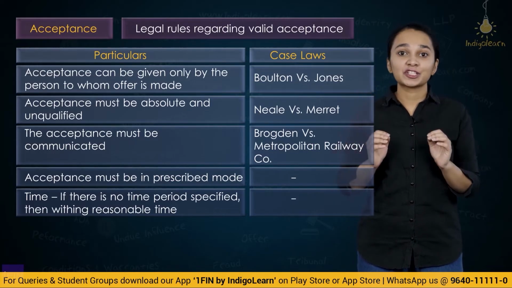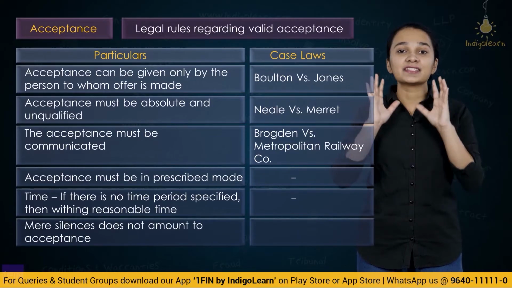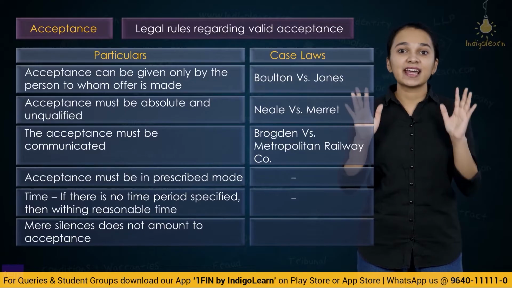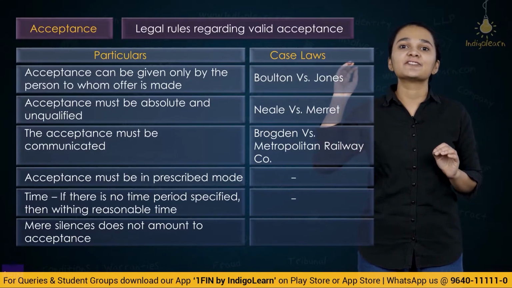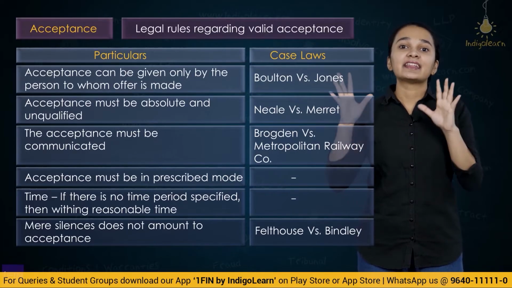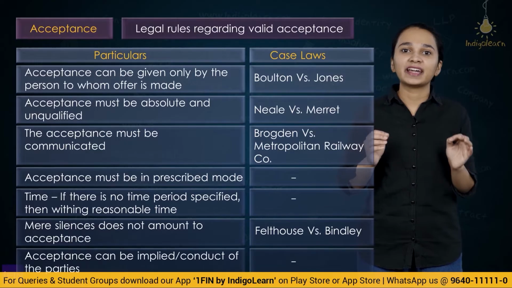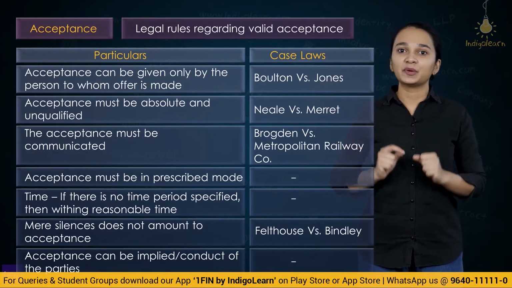After this, we have also understood that mere silence does not amount to acceptance; if someone's keeping quiet, that doesn't mean that he has accepted your offer. And the case law which we've seen here is Feldhaus versus Bindley. And finally, we have understood that acceptance also can be implied by conduct of the parties. So this was with respect to acceptance.